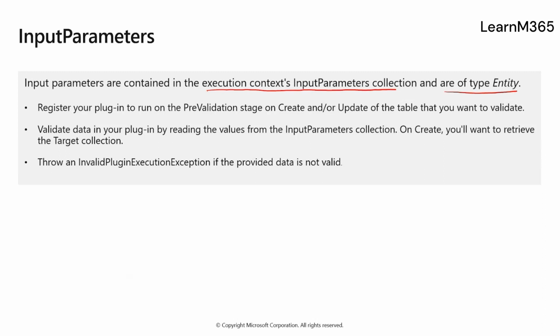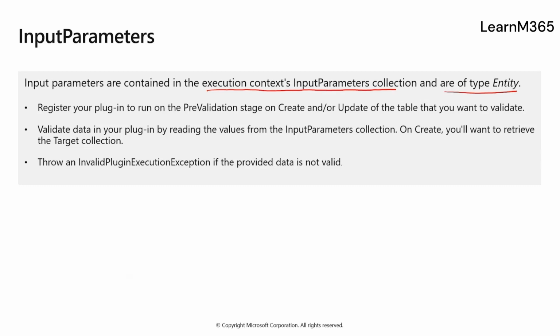So this property enables you to see what tables values were presented to the plugin prior to the implementation of a given operation. Okay, for example, if you want to validate your data and prevent it from being saved if validation is not successful, then you can make use of it.